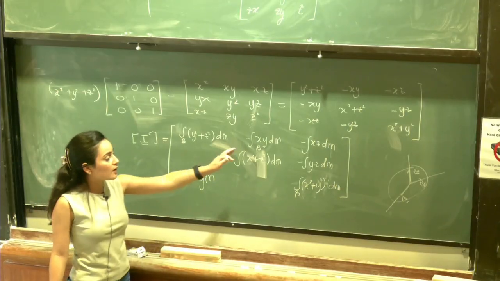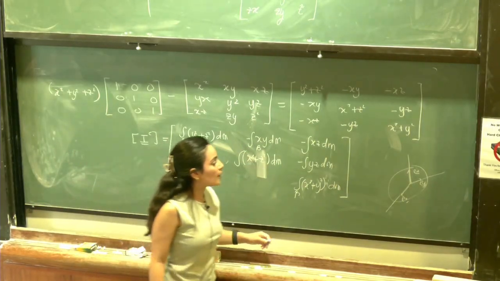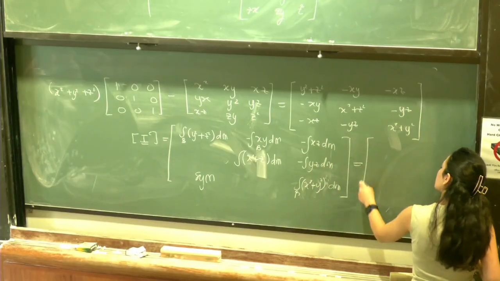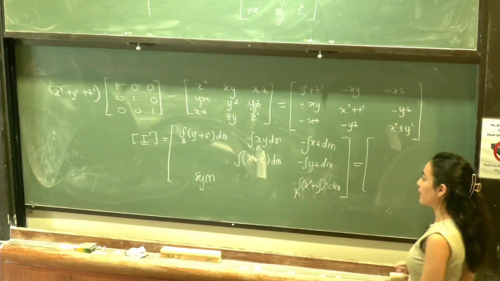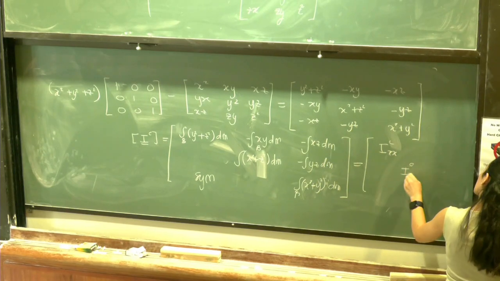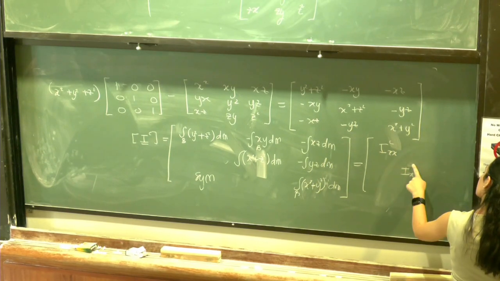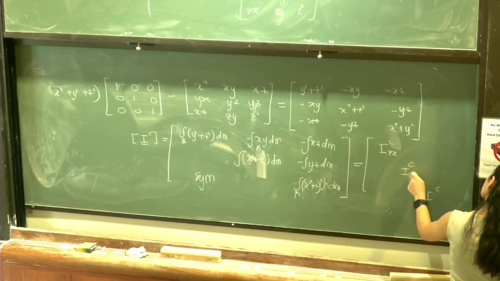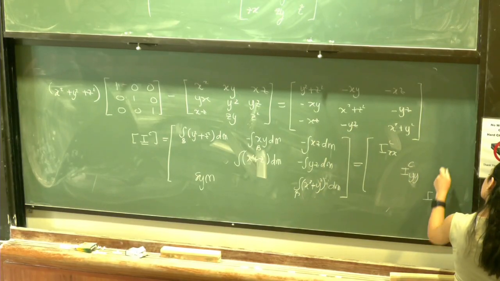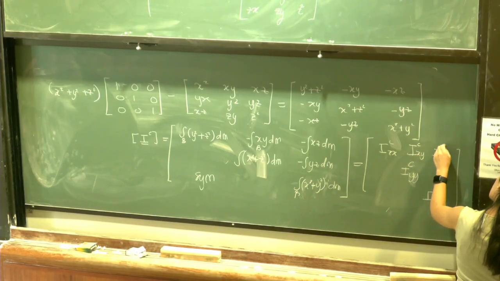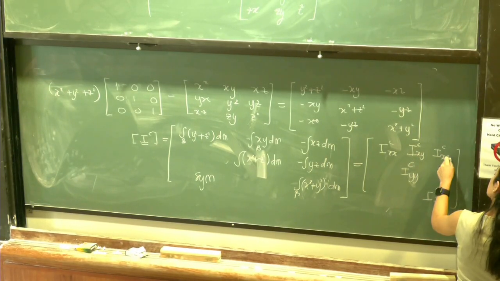Now the products of inertia. These terms have names. I see xx, I see xy, I see yy, I see zz, I see xz, I see yz.